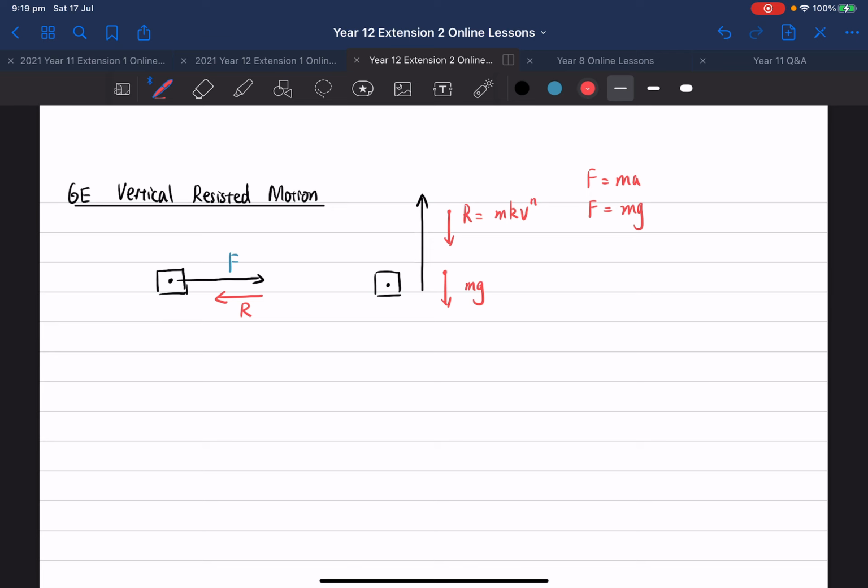The question will tell you what the resistance actually equals. k is the proportionality constant, so therefore you need to have a k. Again, m is just the mass, very similar to F equals ma. So that is the force, the motion moving upwards, the upward journey here.